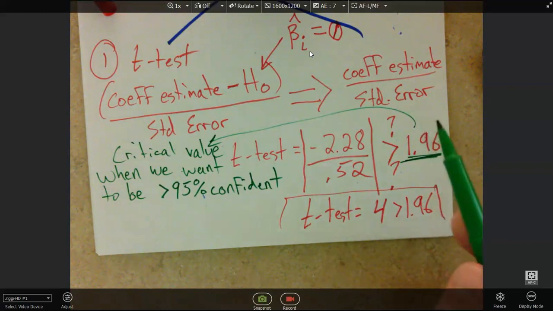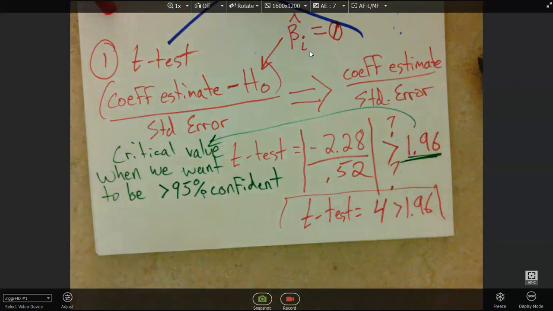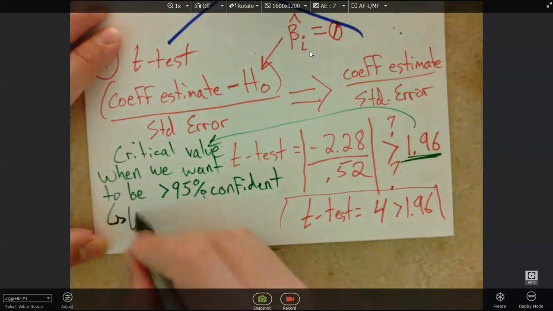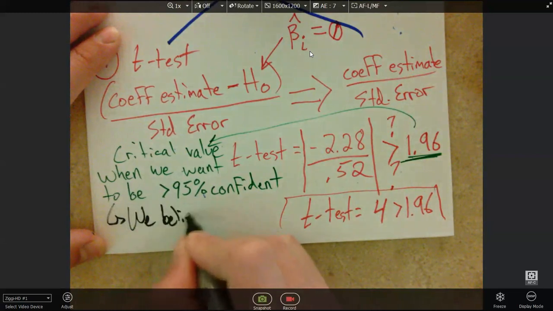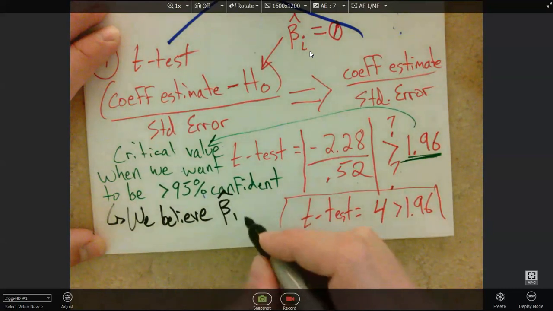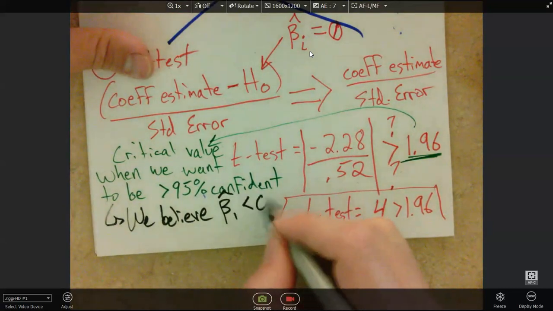So what is this saying? This is saying that we believe that beta 1 hat is less than 0.